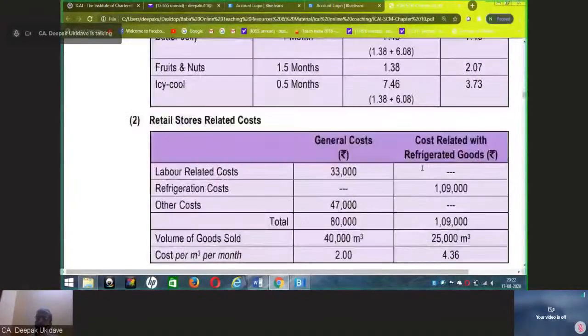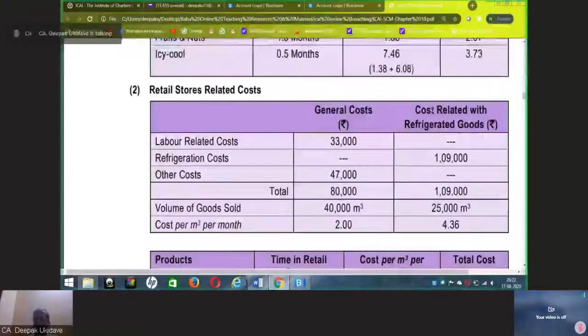You divide in the same manner as you did for warehousing, by 40,000 metric cube and 25,000 metric cube. So 109 upon 25,000 you get 4.36 and 80,000 upon 40,000 you get 2. So cost per metric cube per month is 2 rupees for the general category and 4.36 for the refrigerated category.